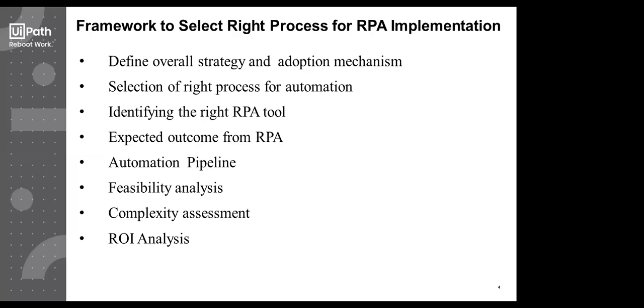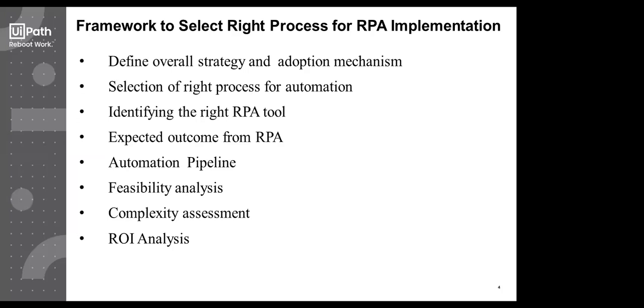There are a lot of things you should consider before starting the implementation. A lot of you have answered: the stability, the application involved, the number of steps, the FTE, manual hours saved, whether manual intervention is there or not. All that should be considered before you pick up any process and start implementing.